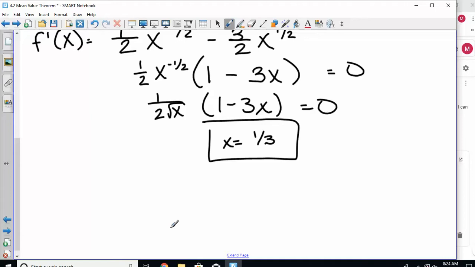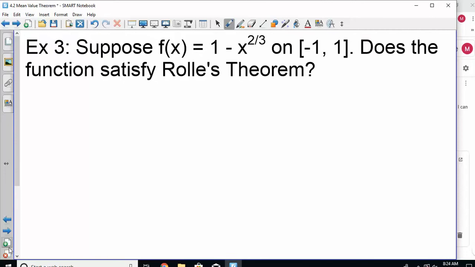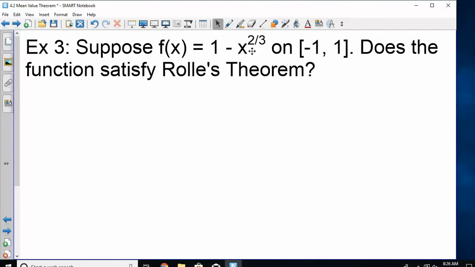Okay. I want you guys to take a look at the next example. Take a couple minutes and see if this meets the 3 requirements for Rolle's theorem. Let's think about what this means so we can decide if it's continuous. A 2/3 power is like saying the cube root of something squared.